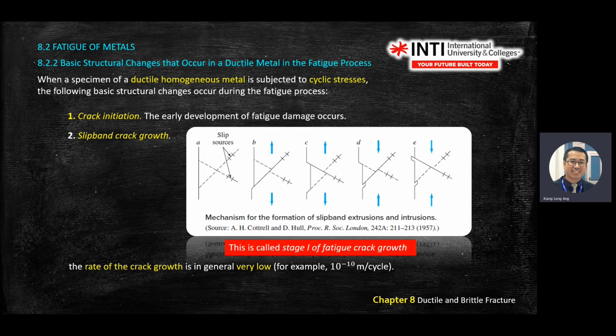So you can see from left to right, A, B, C, D, E. When there is fatigue, either tensile or compression, the material will start to crack. So on diagram A here, you see there's a slip source happening.